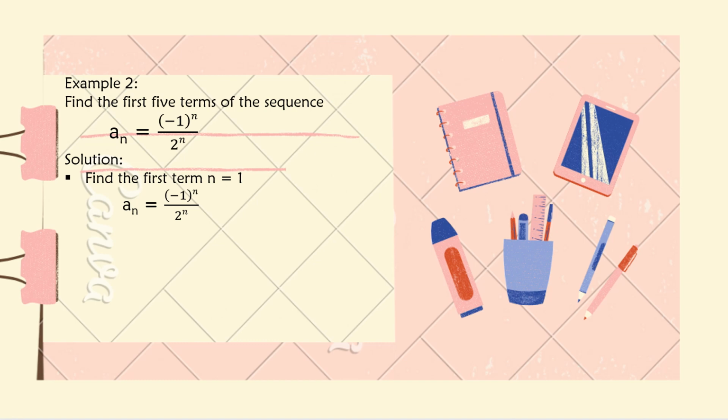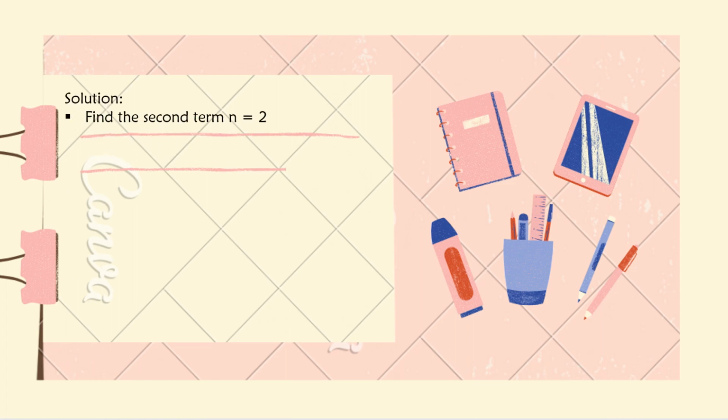So for the first term, we have a sub 1 is equal to the quantity of -1 raised to 1 over 2 raised to 1. Substitute. And now, perform the operation. Since -1 is inside the parentheses, we have -1 raised to 1 is -1. Then 2 raised to 1 is 2.